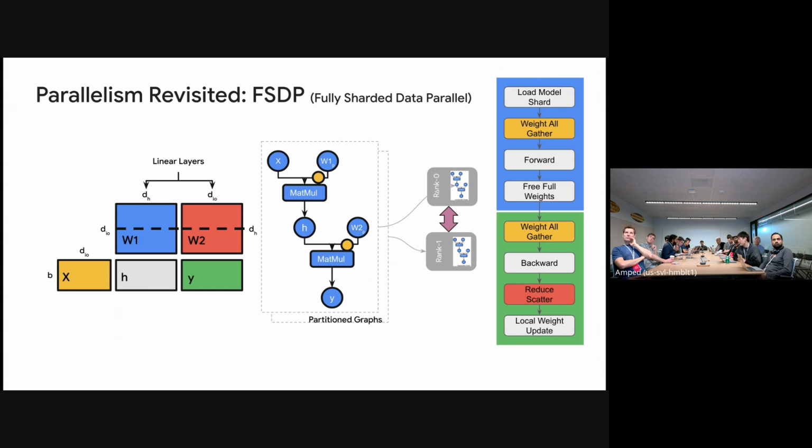But what we are doing in FSDP is that we are making sure that each replica itself is going to work with a shard of model parameters. So since it has only the shard of model parameters, in order to do the forward pass, it has to do the all gather on the shard that it holds. Once it has the all gather, then it has the whole parameter for doing whatever computation needed, then it can do the forward pass. And once the forward pass is done, it has to release the weights.